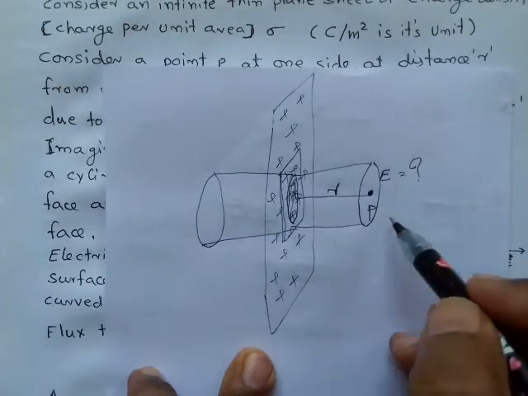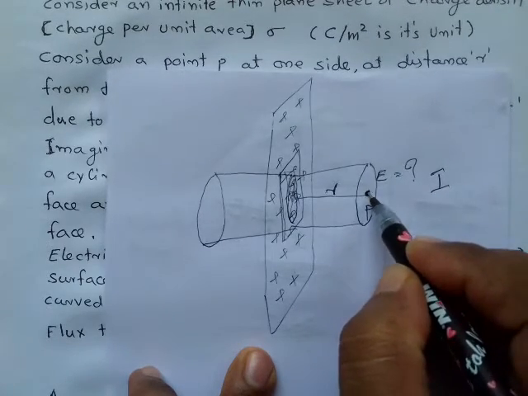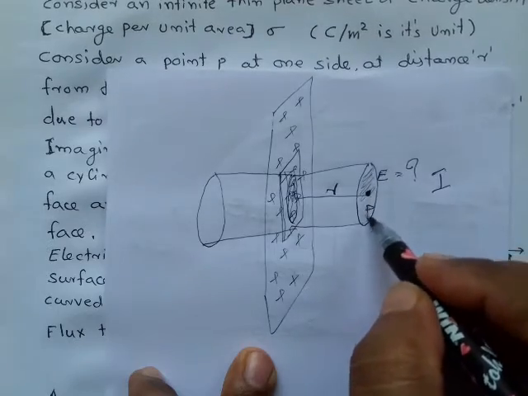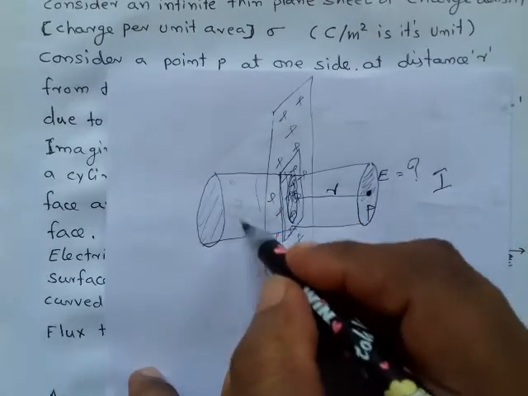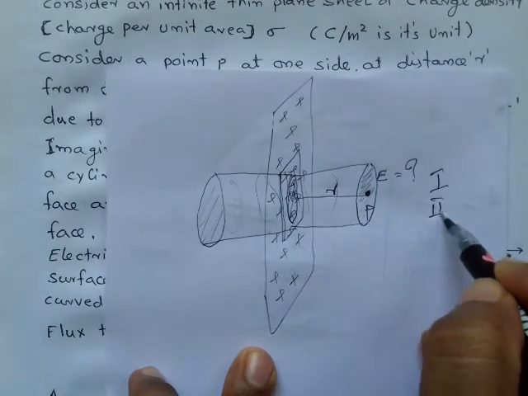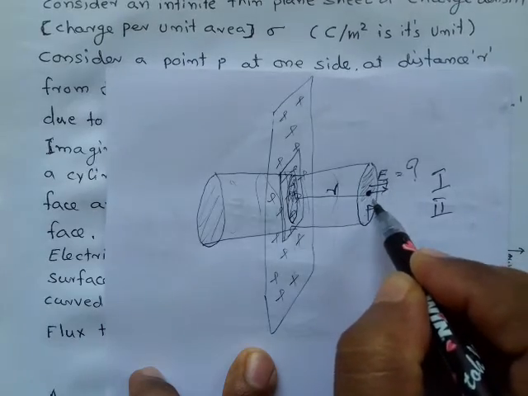While imagining a Gaussian surface, the first thing is that our point where we want to find the electric field should be a point on the Gaussian surface. Okay. And the second thing is that the electric field at that point, in and around the point, should be perpendicular.